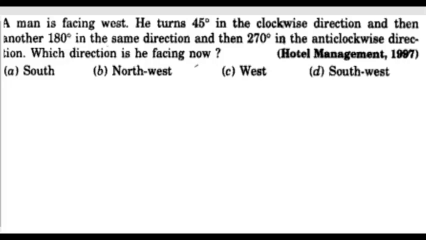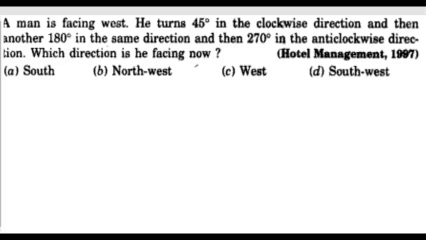Now read out the question. A man is facing west. He turns 45 degrees in the clockwise direction, and then another 180 degrees in the same direction, and then 270 degrees in the anti-clockwise direction. Which direction is he facing now? These are basic types of questions. They may or may not appear in the examination, but it is important to solve all kinds of questions.